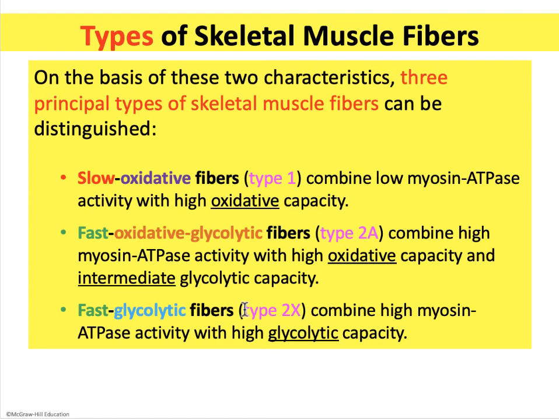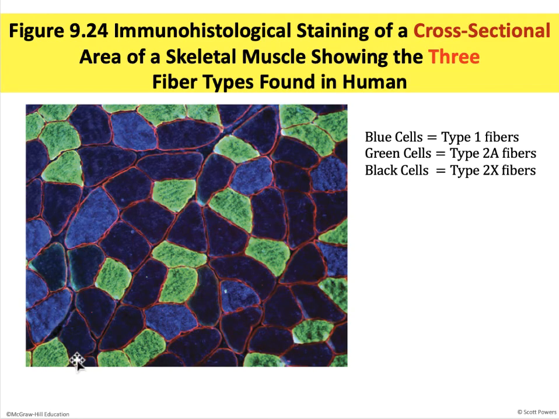And then we have the type 2X, which are the fast responding, and they're the glycolytic type. And depending on the needs of that particular muscle, the combination of these, the ratio of these, can be appropriately adjusted. Not only that, through exercise and other means, we can change the ratio over a period of time.